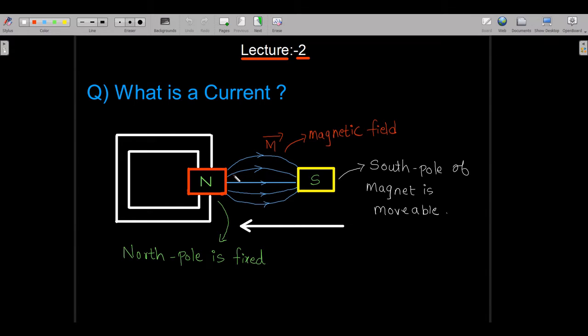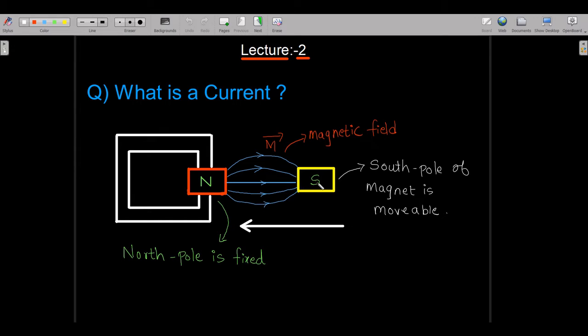Okay, but now I'm bringing a south pole of a magnet close to the north pole, but the south pole is not fixed, so it can move here and there, maybe right, left, or maybe top, bottom. Anyhow it wants to move in any direction. But this north pole is fixed.